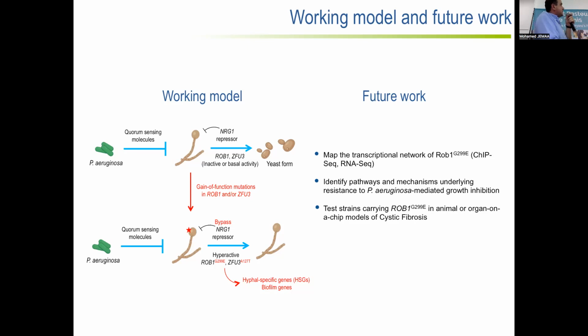And then we will test the strains carrying those mutations in animal models of cystic fibrosis or organ-on-a-chip models of cystic fibrosis, to better understand the mechanistic aspects pertaining to the ability of those mutants, or CF-adapted strains, in vivo, basically.